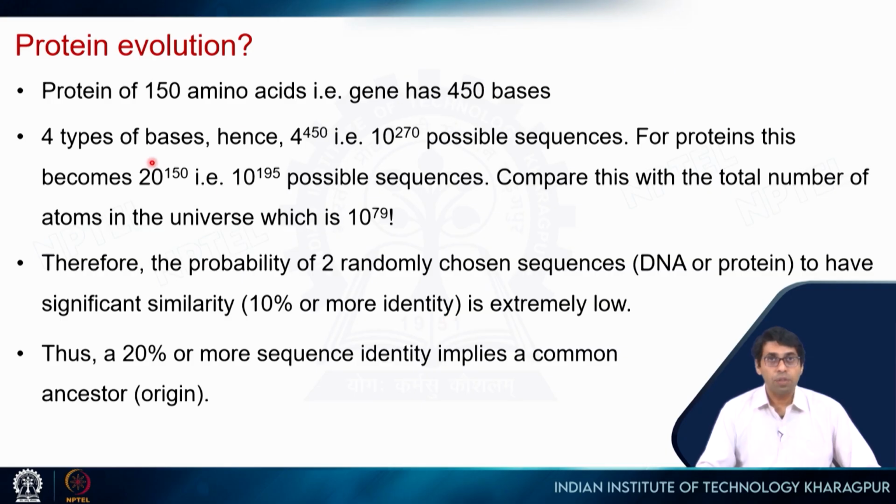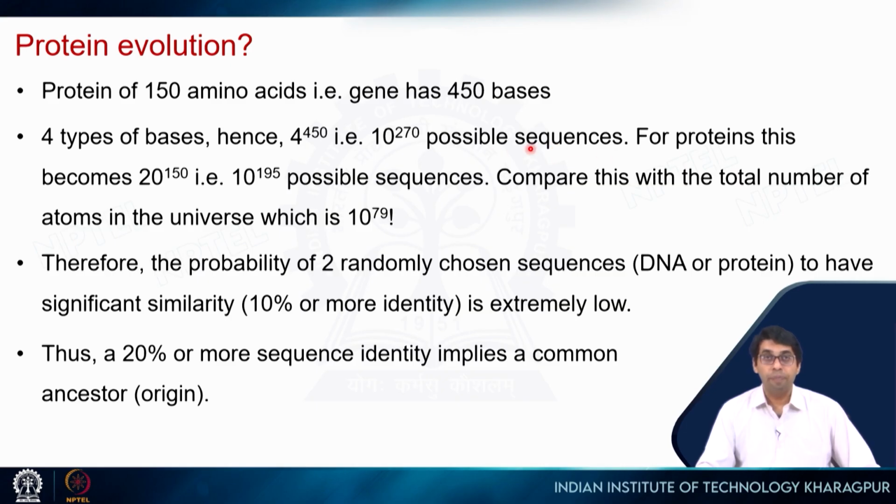Okay. So, I mean, we can do this type of calculation to show that when two sequences have 20% or more identity, then chances of them being different is very, very low. So, let us consider a protein with 150 amino acid, right. So, if you consider its gene, it will be 450 bases. Now, there are 4 types of bases. So, what are all the possible sequences which will have 450 bases? That will be 4 to the power 450, which is 10 to the power 270 possible sequences, right.